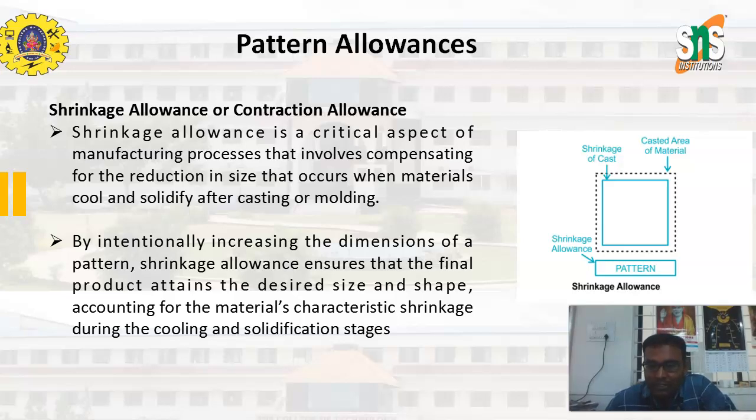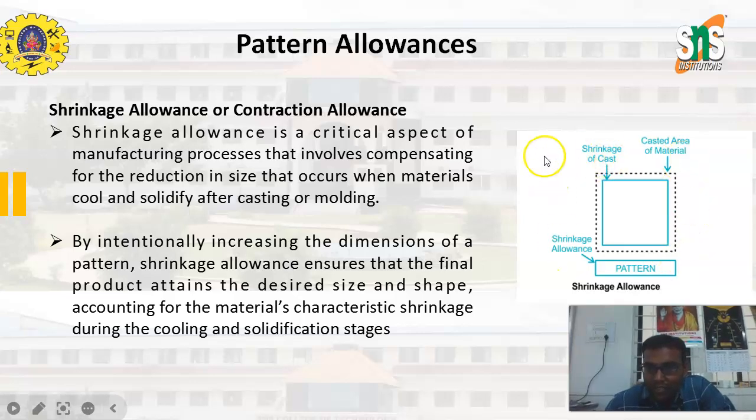There are different types of materials. From the figure, it is clearly indicated that the outer image is the dimension of the pattern. The inner blue color line is the final shrinkage of the casting part after final dimensions.